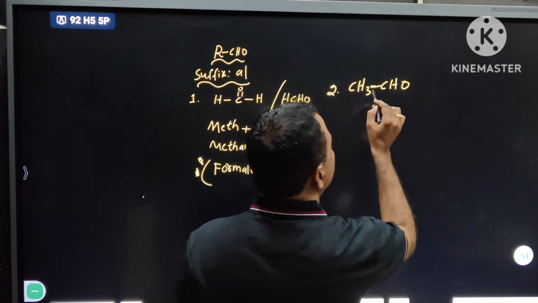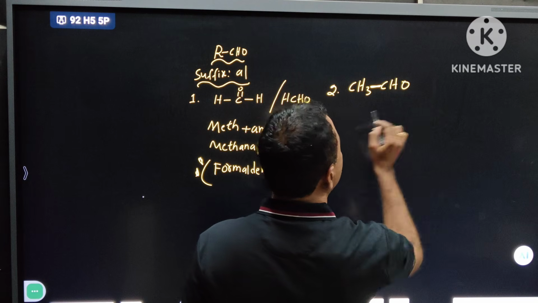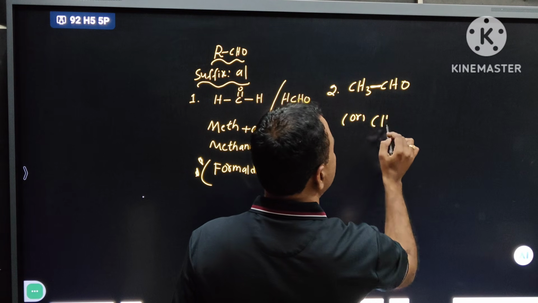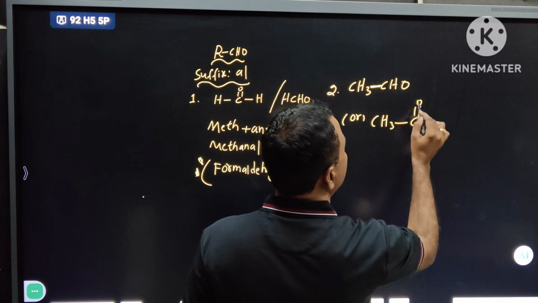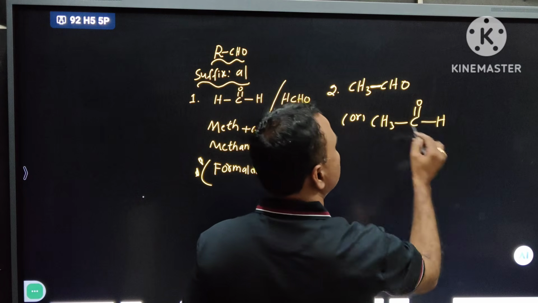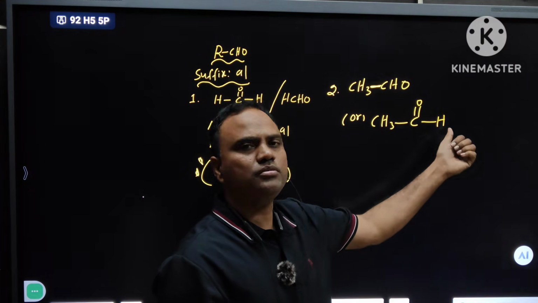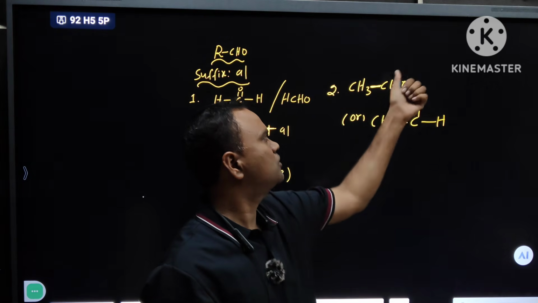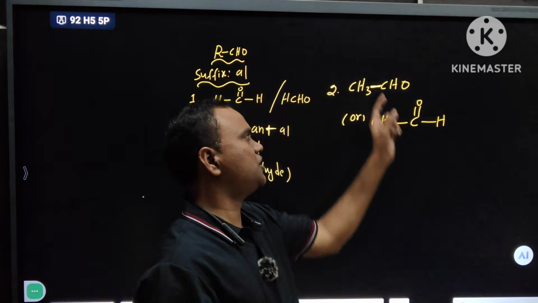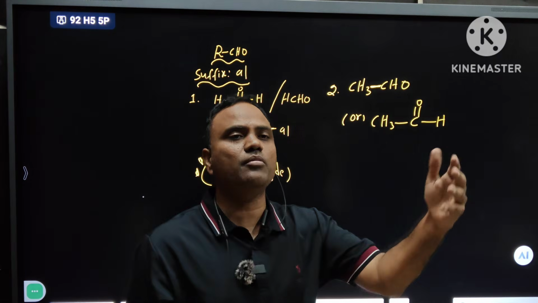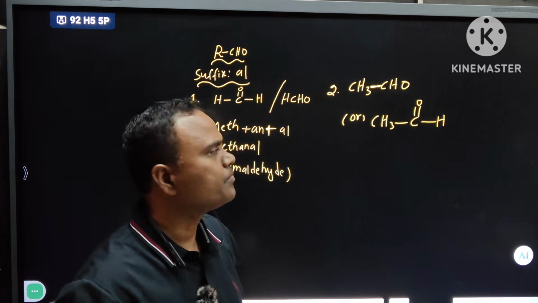Second one, CH3CHO. See, we can write like this also: CH3 C double bond OH. C double bond OH means that is CHO. This is CHO in the expanded form. Don't get any confusion.